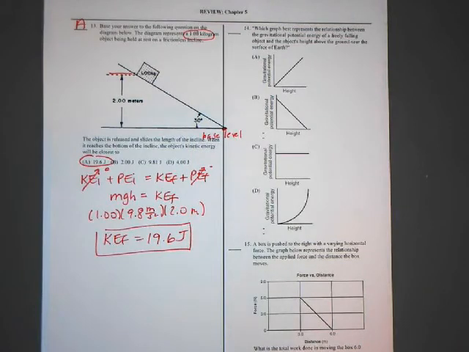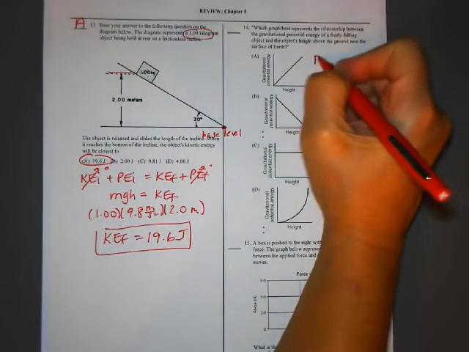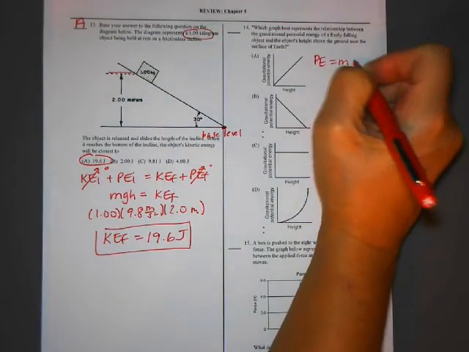All right, number 14, it says which graph best represents the relationship between the gravitational potential energy of a freely falling object and the object's height above the ground near the surface of the earth. So the first thing I'm going to do is say, okay, I want to know what's the relationship. So gravitational potential energy is mgh.